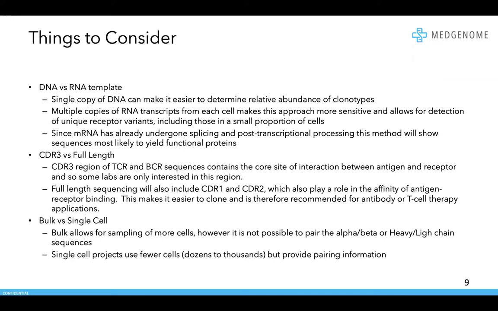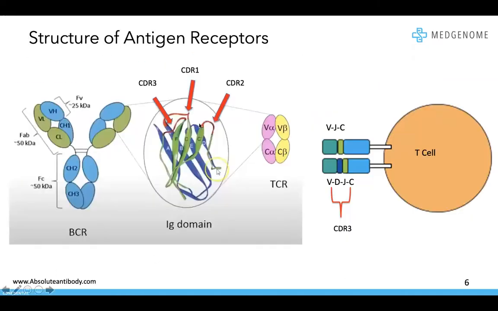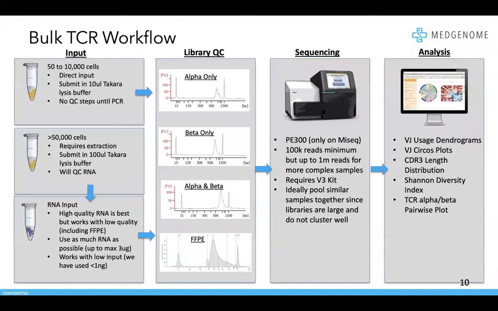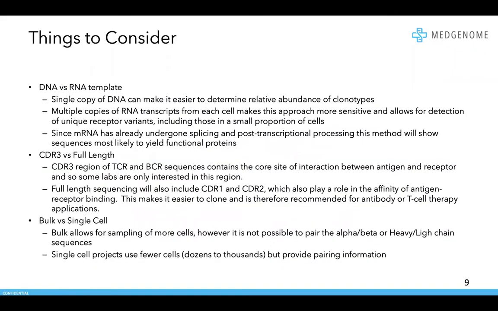But because the cells are lysed and you use RNA as input, everything's mixed together, and there's no way to find the actual pairing. The pairing of the alpha and beta chains adds diversity. There's no way to know the exact pairing in a certain cell. And so there are advantages to both.